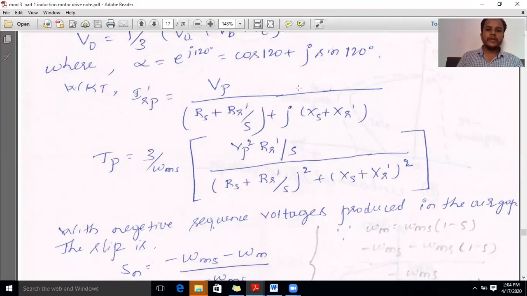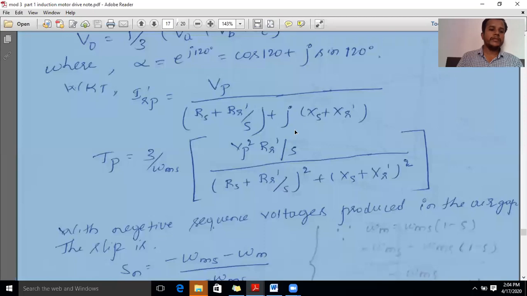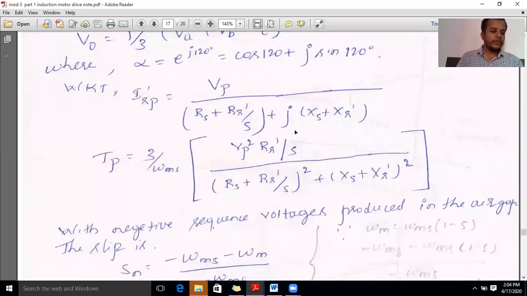Here whatever the slip you are getting, it is positive slip. Please remember the slip is positive slip. This is the equation for the rotor current Ir dash P. Now go for TP, the torque for the positive sequence.